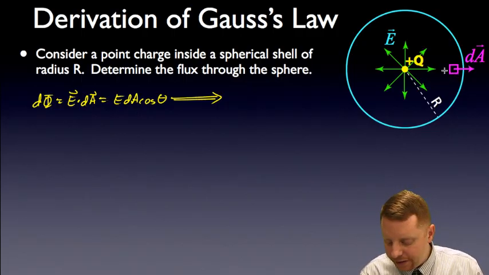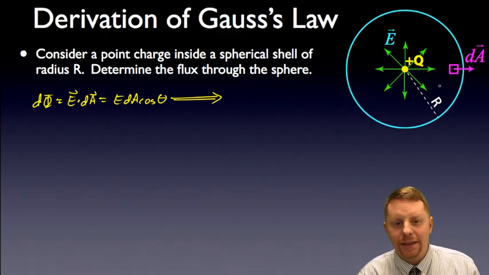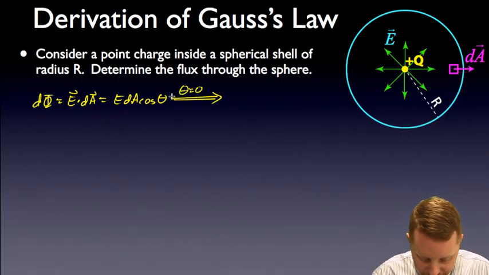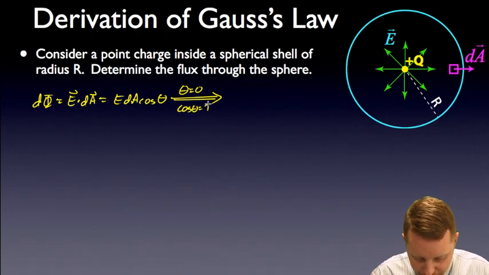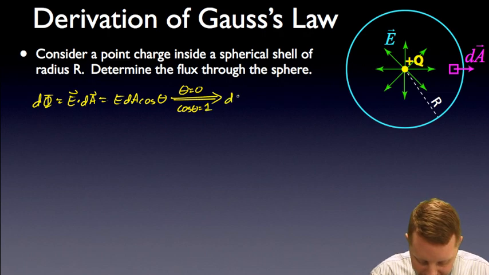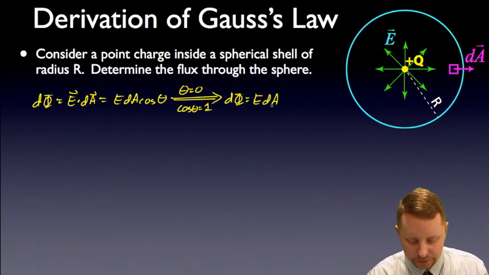The angle between the electric field and dA anywhere on that surface, because it's symmetric and everything's radial, is always going to be 0. So if theta is always equal to 0, then the cosine of theta is always cosine 0, which is 1. So we get that d phi is just equal to E dA.